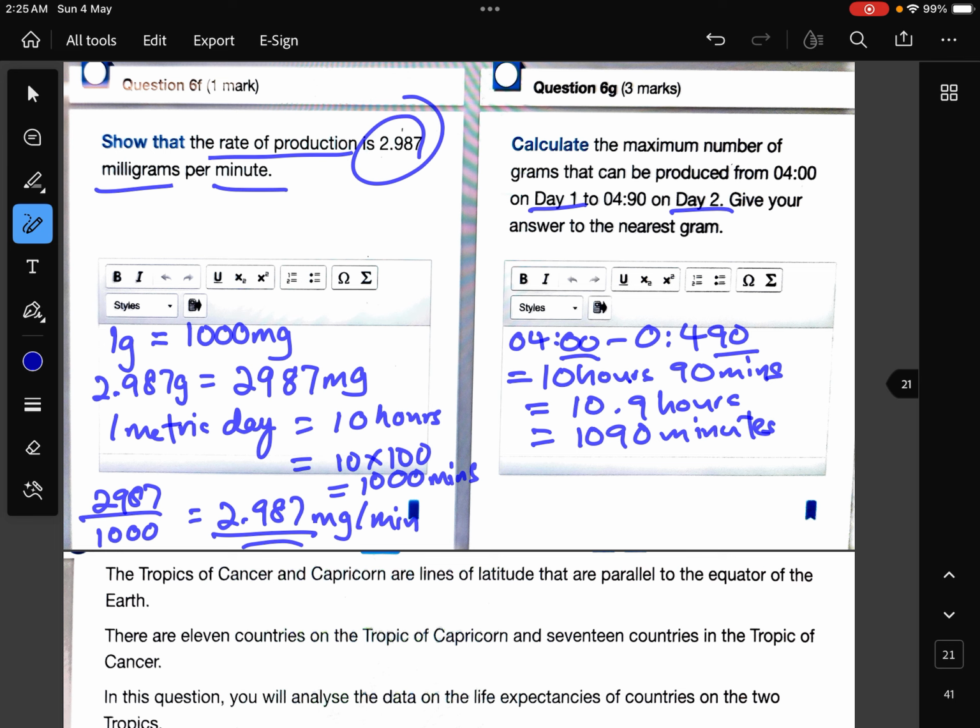Alright, so we're going to look at the next part, which says calculate the maximum number of grams.